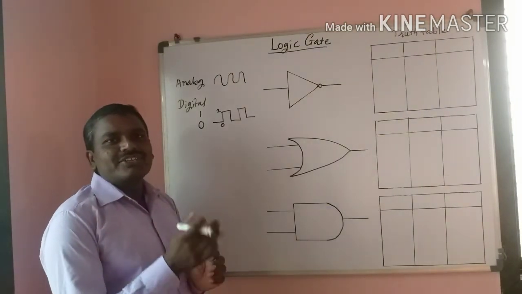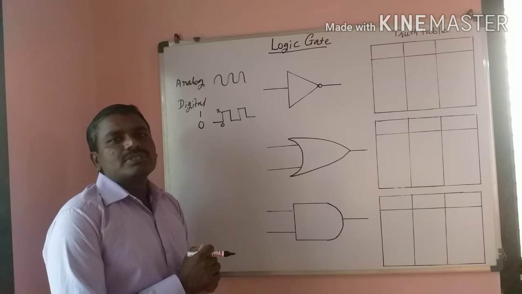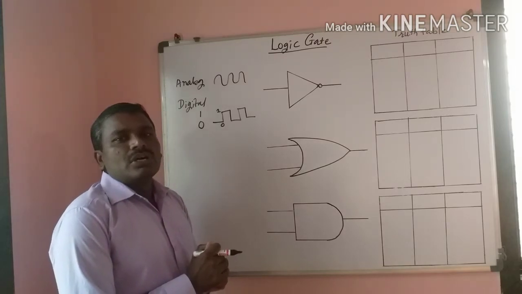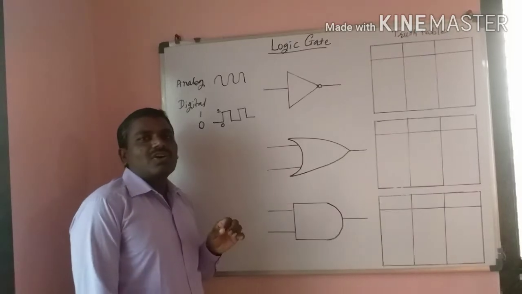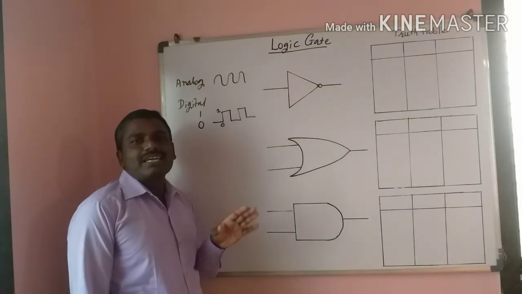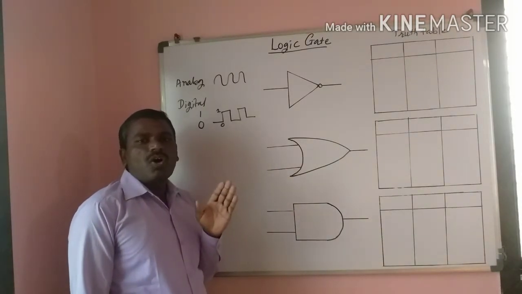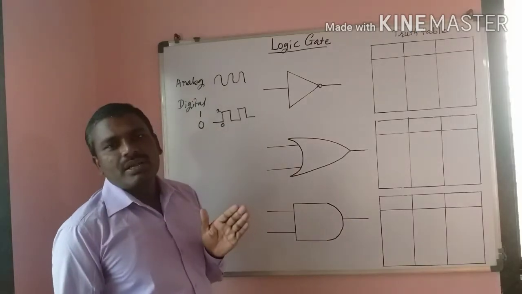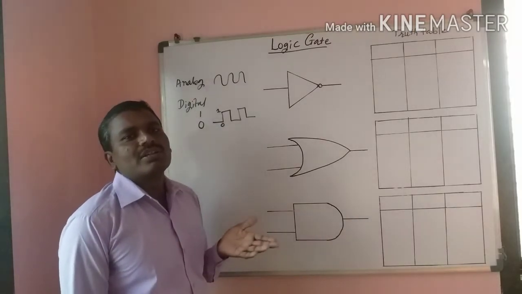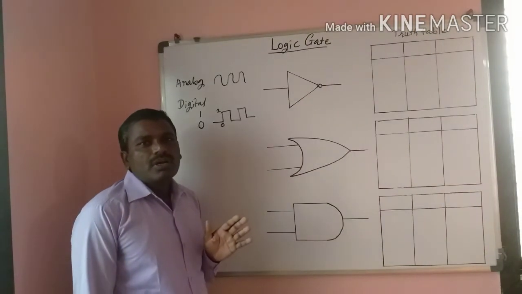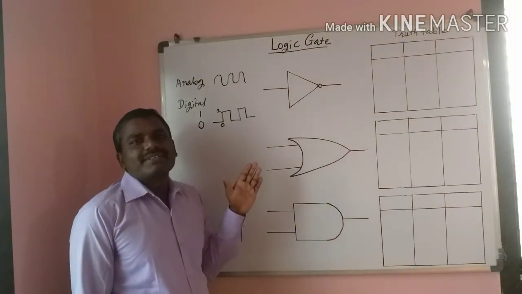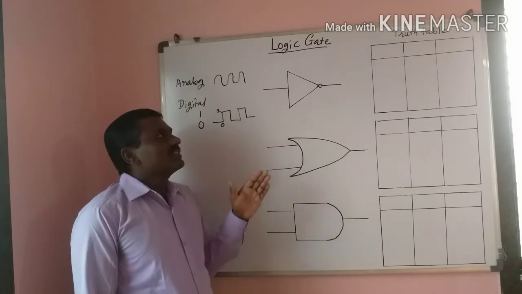Logic gate is nothing but an electronic circuit or a digital circuit in which there are one or more input signals but only one output signal. This logic gate contains a truth table.